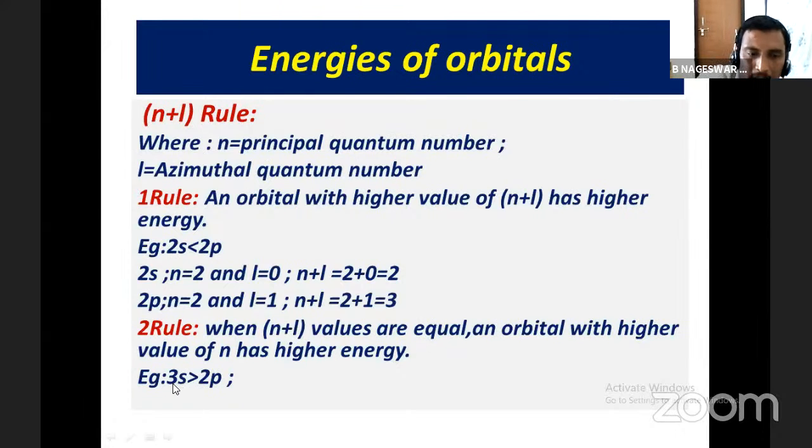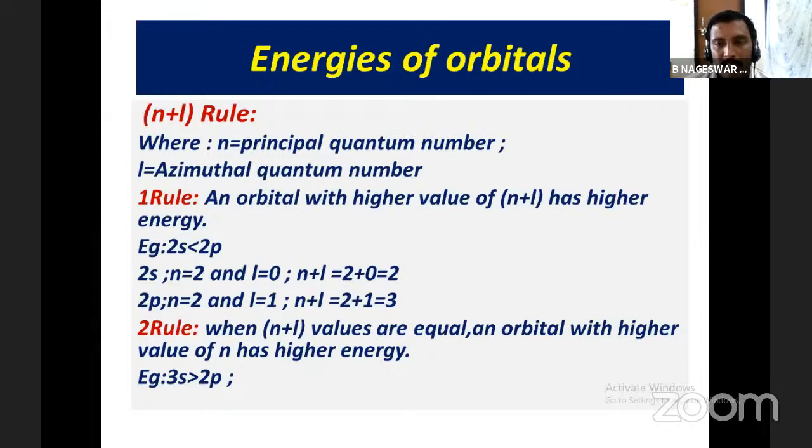Both have the same n plus l value. In this case, we take the orbital which has the higher n value; that orbital has more energy. It is simply the n plus l rule, and by using it we can calculate the energies.